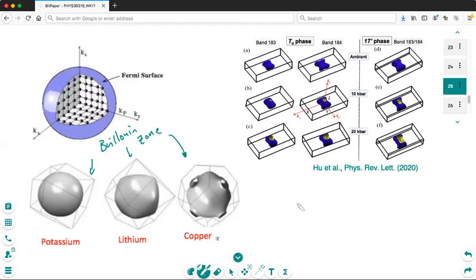For example, I can even have a slightly more complicated situation where I have a quasi two-dimensional system. In that case, the Fermi surface looks a little bit like this. It will not be spherical, but it is a little bit like a cylinder along the third direction. But in-plane, they are more or less like a circle.